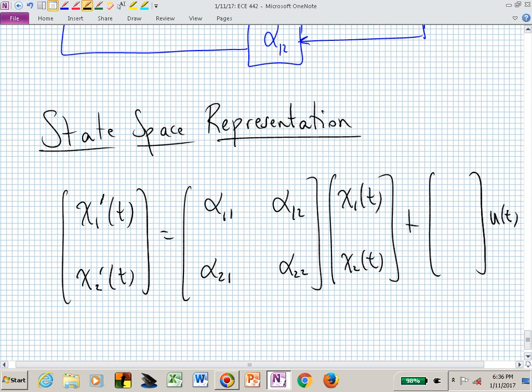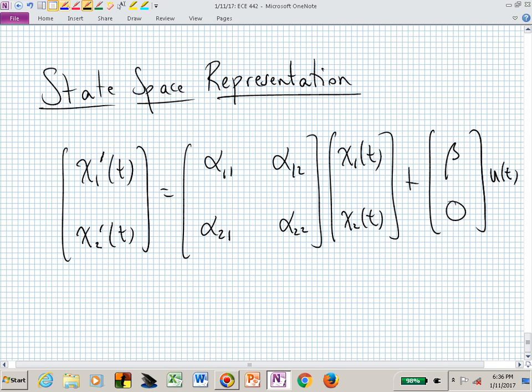No. So that's going to be a 0 in the second row of that input matrix. But up here, we did have a signal from the input feeding in to create x1 prime. In a state space representation, this is actually our A matrix or the system matrix. This is our input matrix B.